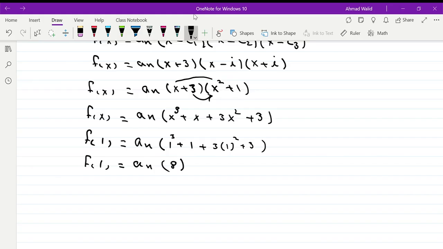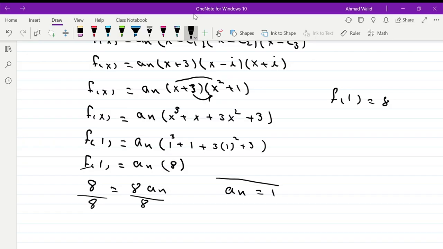Correct? How much is f of 1? They give you f of 1 in the problem. F of 1 is equal to 8. Then replace it. 8 equals 8 a sub n. Divide both sides by 8. Then you can say a sub n is equal to 1.